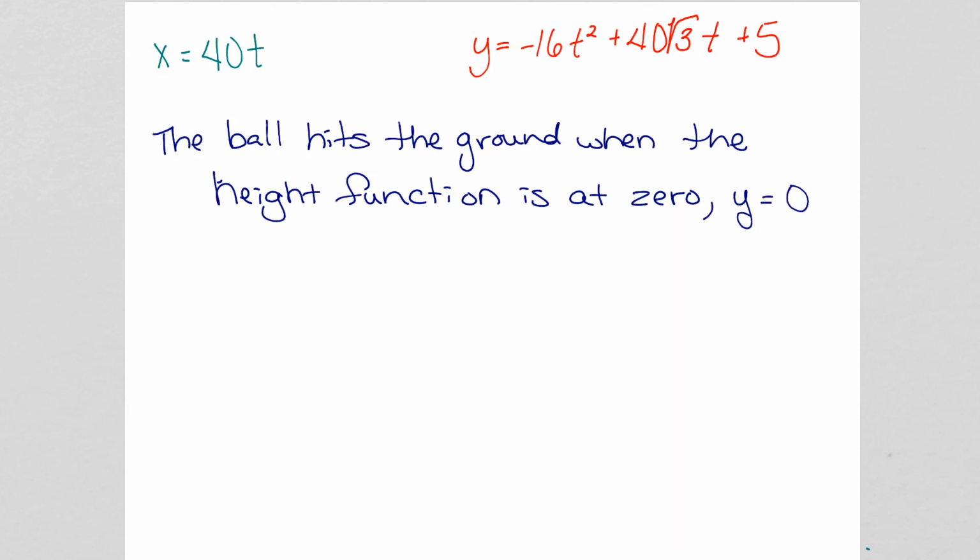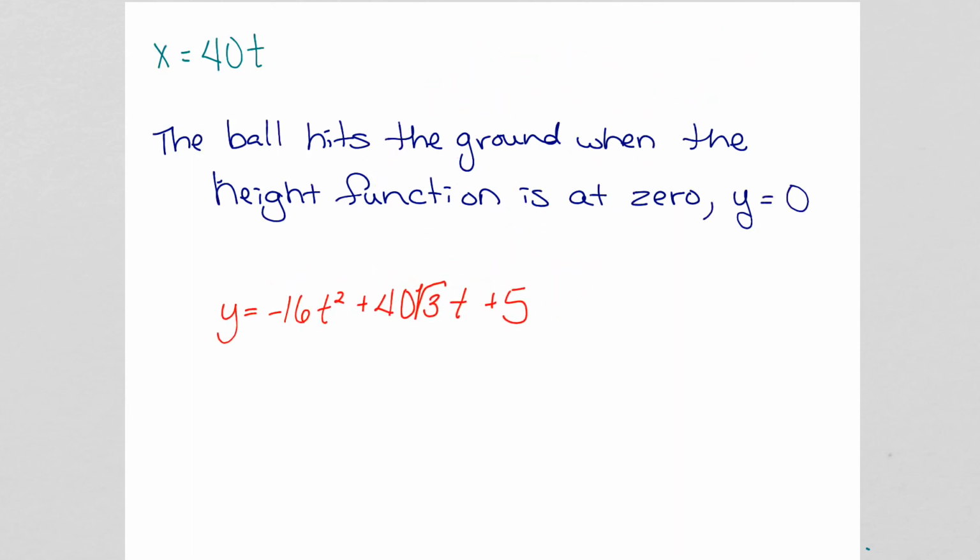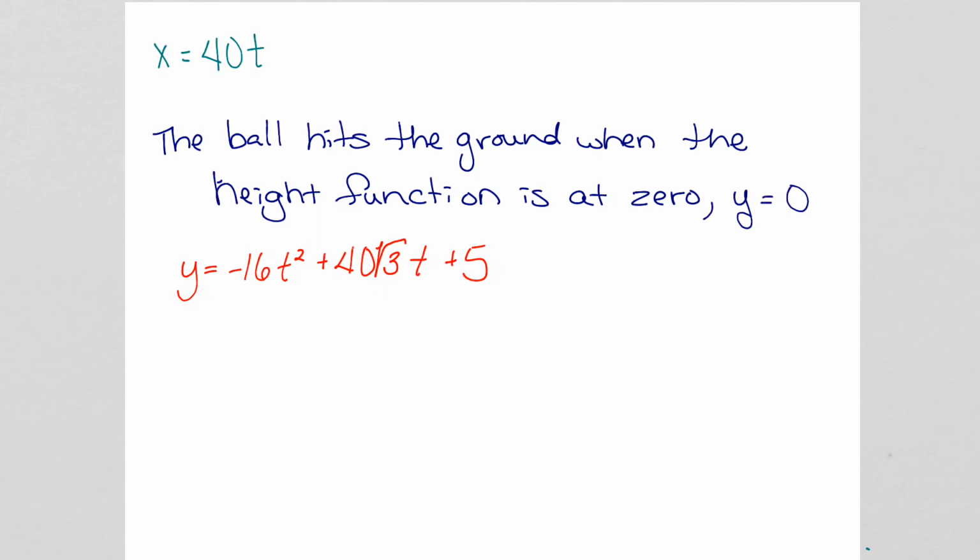So we'll plug in using our height function. That was the second one. And we're just going to plug in 0 for y, and then solve it. I wouldn't want to factor this if I could. Let's use the quadratic formula.